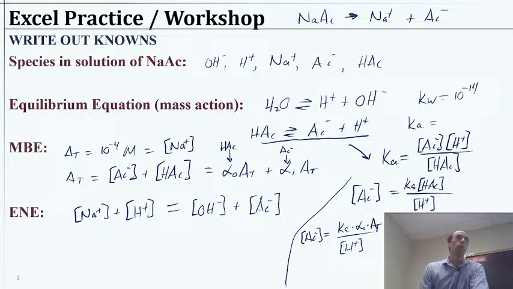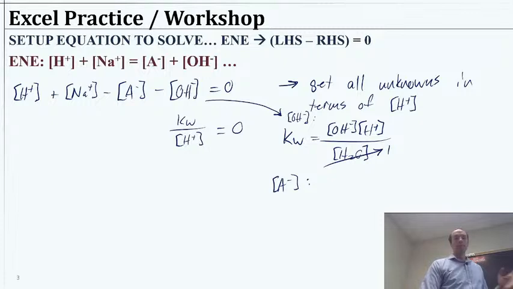We're given A total, so we know that. And as long as we are looking for something as a function of pH, the alpha 0 we can put in terms of pH. I'll come back to that and make sure we're on the same page on deriving that. It's another thing perhaps I could have put on this slide to begin with. But that gives us something to work with.